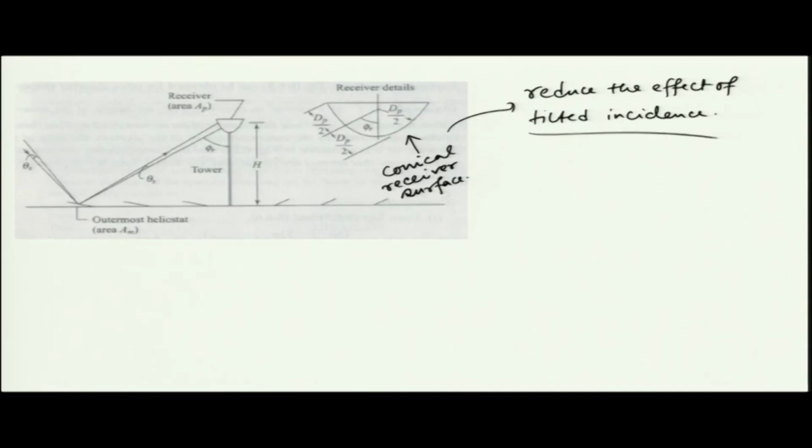Now, we are not going to detail how those receivers are designed and all. That should be part of your further reading, not part of the course. Today we are at the 27th lecture.